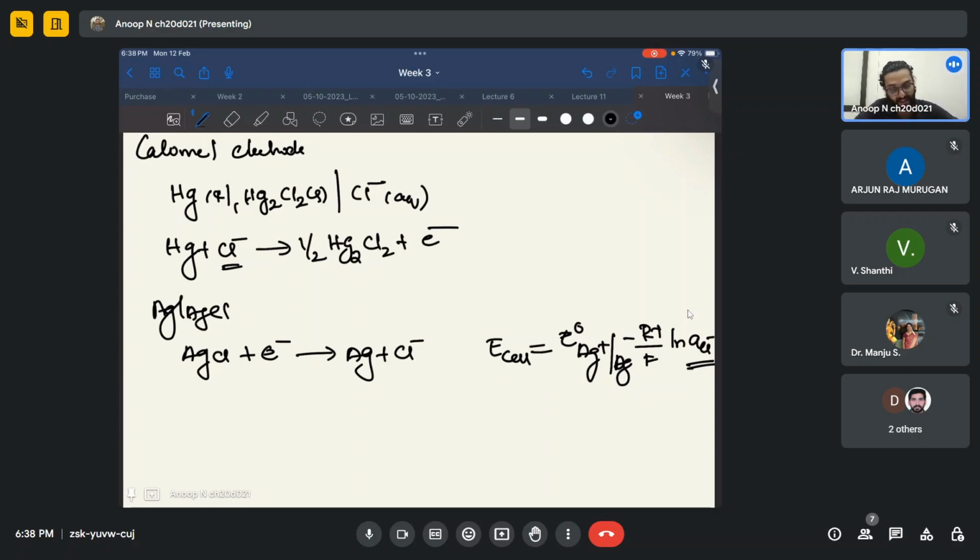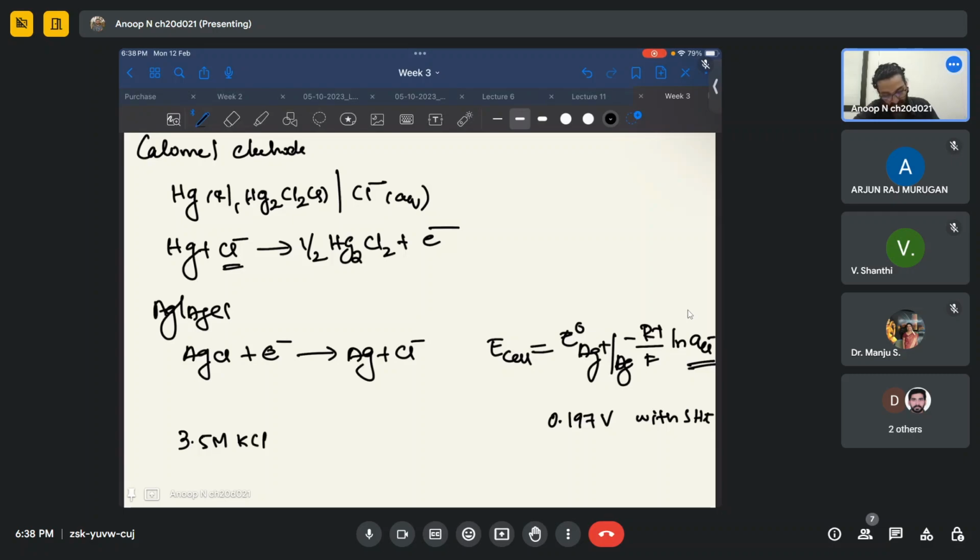If I am taking saturated KCl, there will be a difference of 0.197 volt with SHE. What I use in my lab is 3.5 molar KCl, so we have a correction factor of 0.205 volt, or 205 millivolt. As the concentration decreases, it can reach, I think, up to 238 millivolt, with different concentrations up to 1 molar or 0.1 molar KCl.